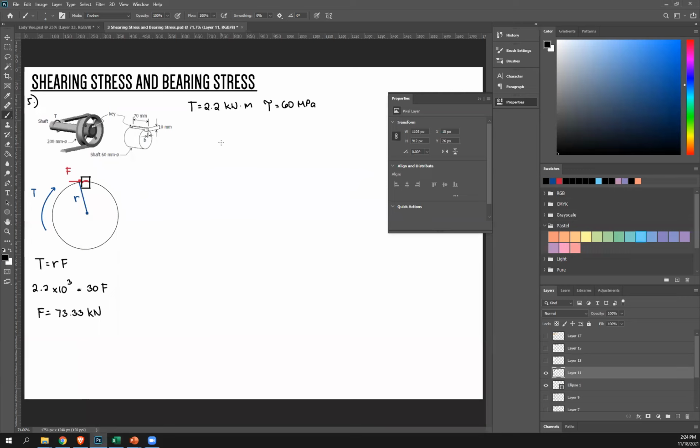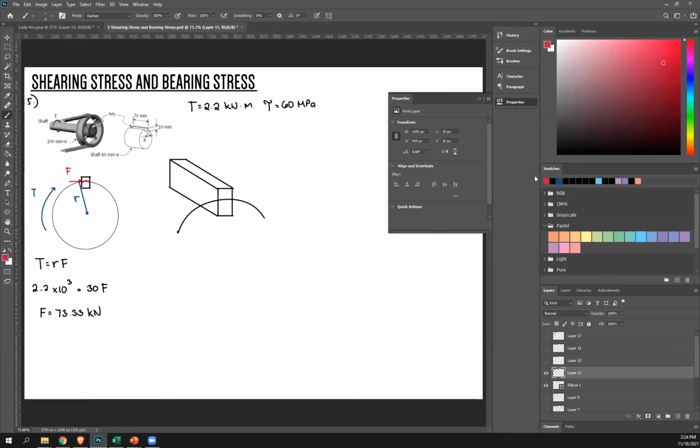Next, let's analyze how that F is affecting our key. Okay, so I'm gonna draw the key. Let's say it's like this, right? And then depending on your cylinder, or the shaft is somewhere there.